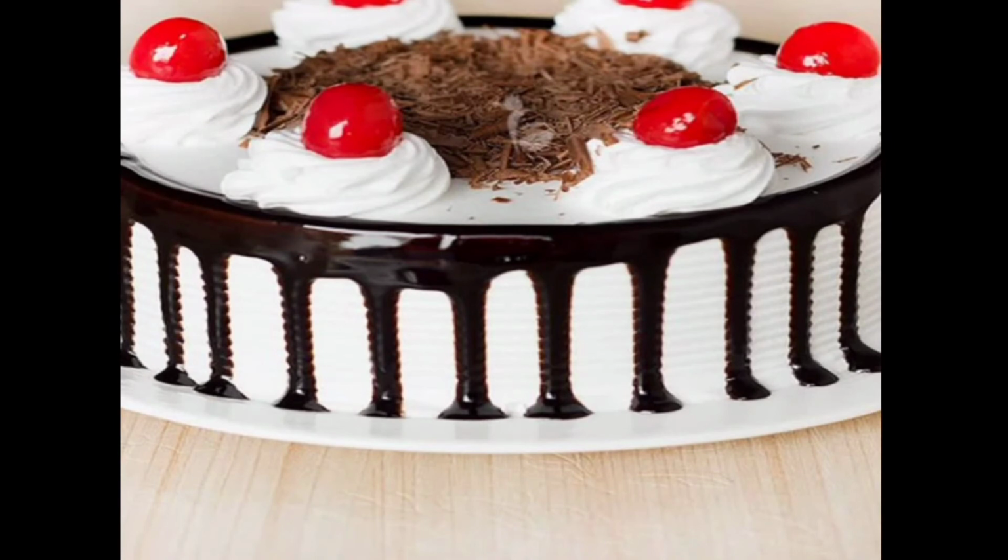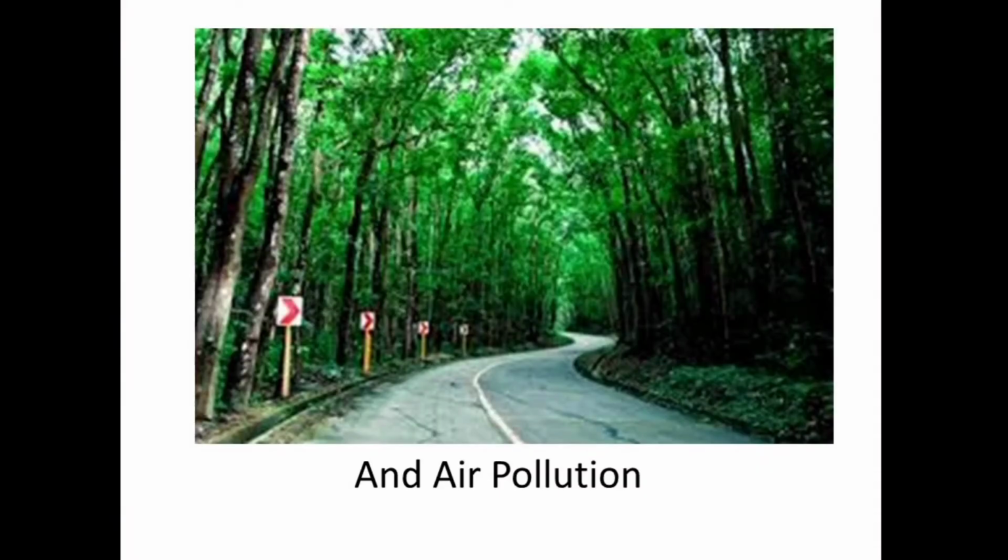If the number of persons increases, the amount of cake they will receive decreases. Second example, trees and air pollution. As the number of trees increases, the lesser the air pollution experienced in that area.